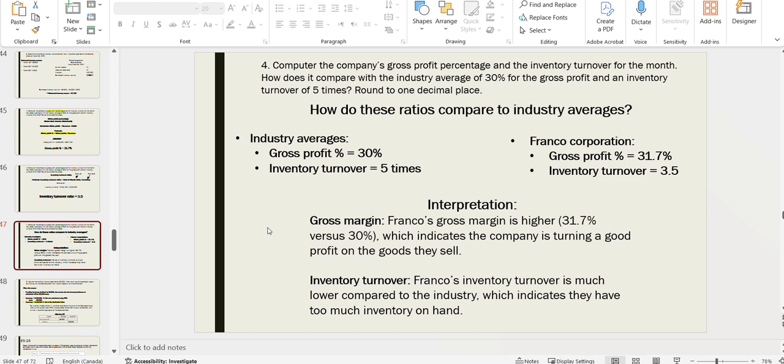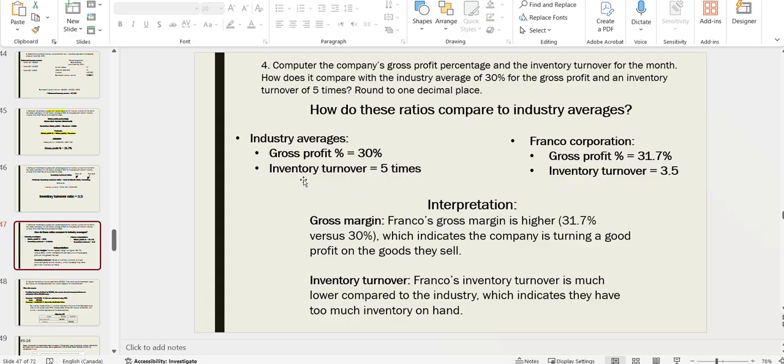We are asked to compare it to the industry average. So the industry average of gross profit is 30%, but for Franco Corporation, it is 31.7%. So it shows that the gross profit is higher than the industry average, so the company is doing good.